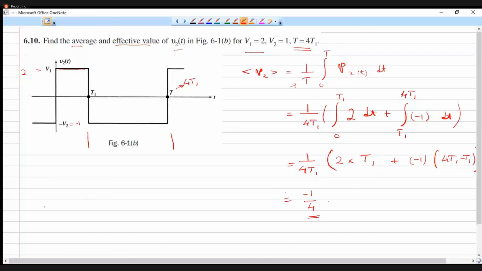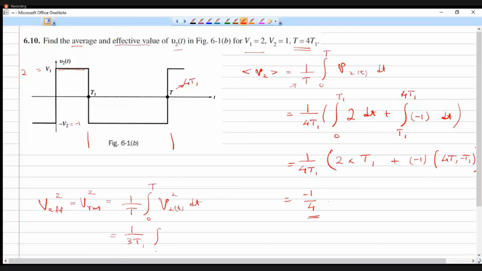Similarly, you can use the formula for the effective or the RMS value. Yes, sir. So first you square it. Effective value is otherwise called the RMS value. Just square it. So 1 by T integral 0 to T of v2 square of t dt. So limits and those things are not going to change. It is going to remain the same.